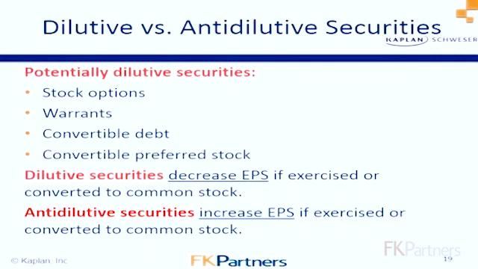These exercised options are going to create new shares of stock. That's going to increase the number of shares in circulation, and it's going to, all else equal, decrease the earnings per share. So we have to go through and test to see if the options, warrants, or some of these convertibles, debt or preferred stock, are actually going to dilute the earnings per share number. Notice that the list is called potentially dilutive securities.